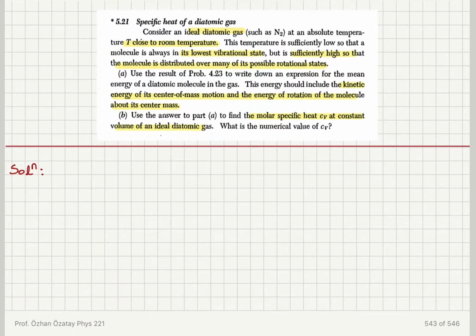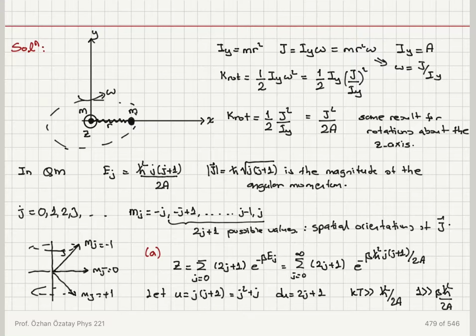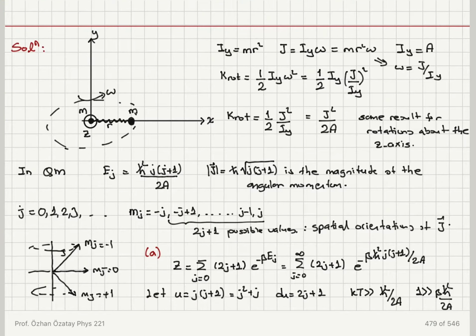So we're going to go back to problem 4.23 to take a look at the results that we have. In problem 4.23, we were talking about the mean rotational energy of a diatomic molecule. It has energies given by ħ² j(j+1) over 2A, where A was the moment of inertia of the molecule about the rotation axis. And this was a degenerate case. We had 2j+1 distinct possible quantum states corresponding to a given j value.